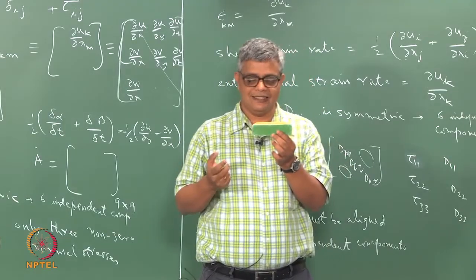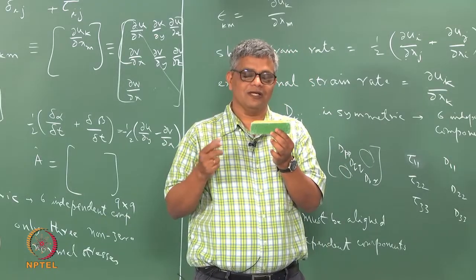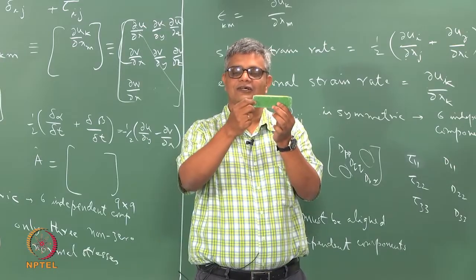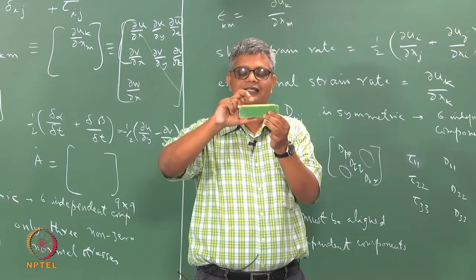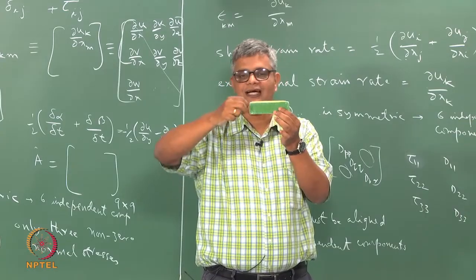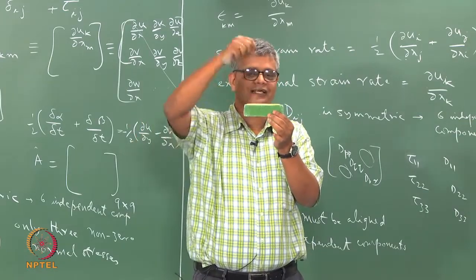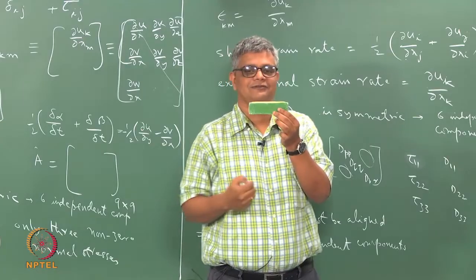Okay. And what we are saying is that if you apply a tensile stress in this direction, then in a solid body it produces a deformation in this direction, and also in the z direction.